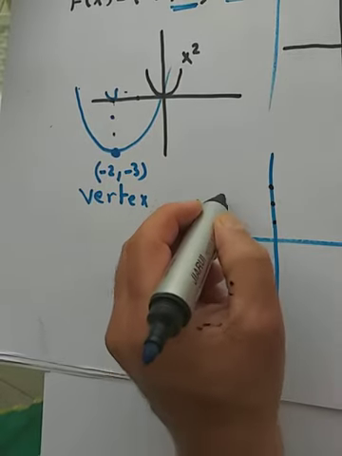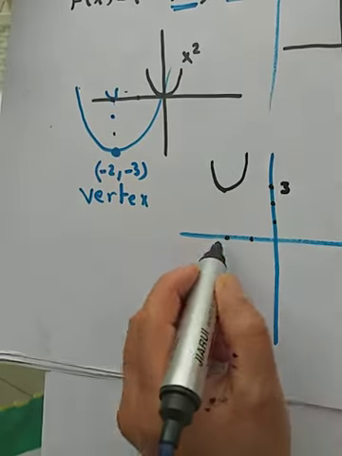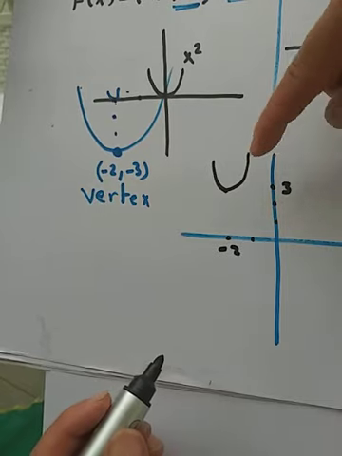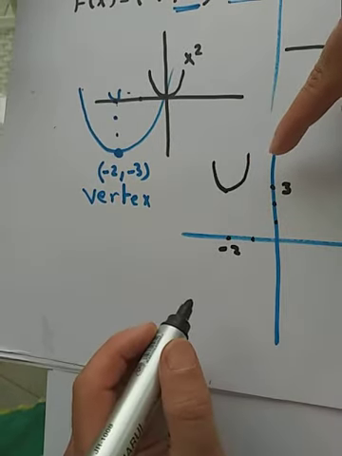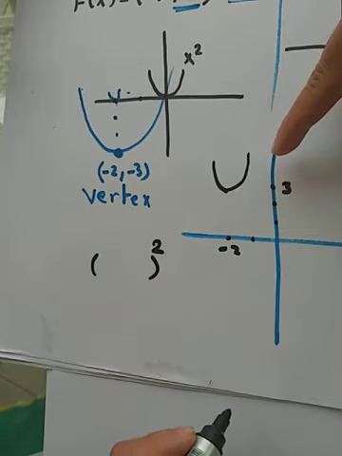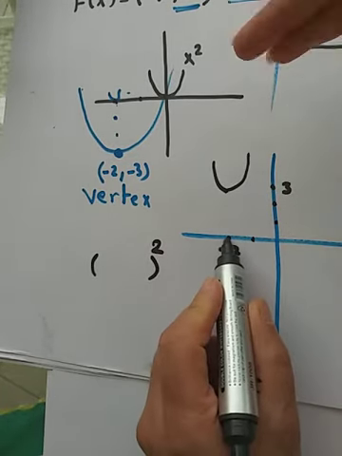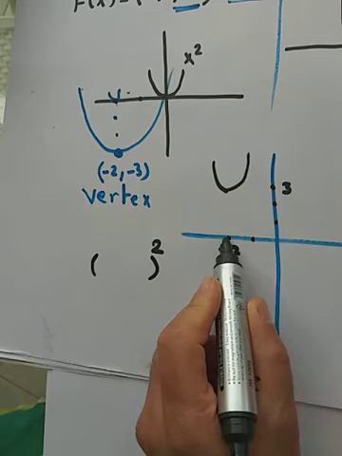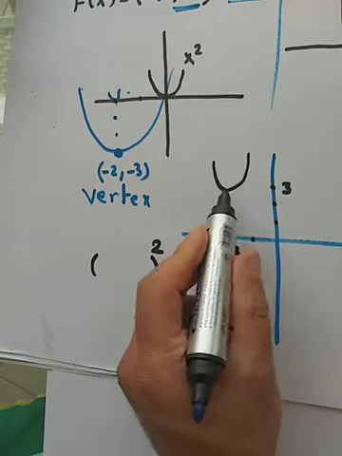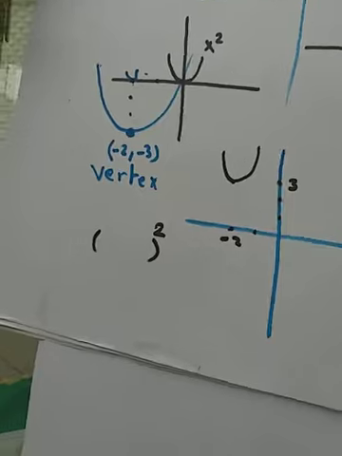Describe this graph. You say we have a horizontal shift. Of course x squared first, and a horizontal shift of 2 units to the left, and a vertical shift of 3 units up. Three units up.